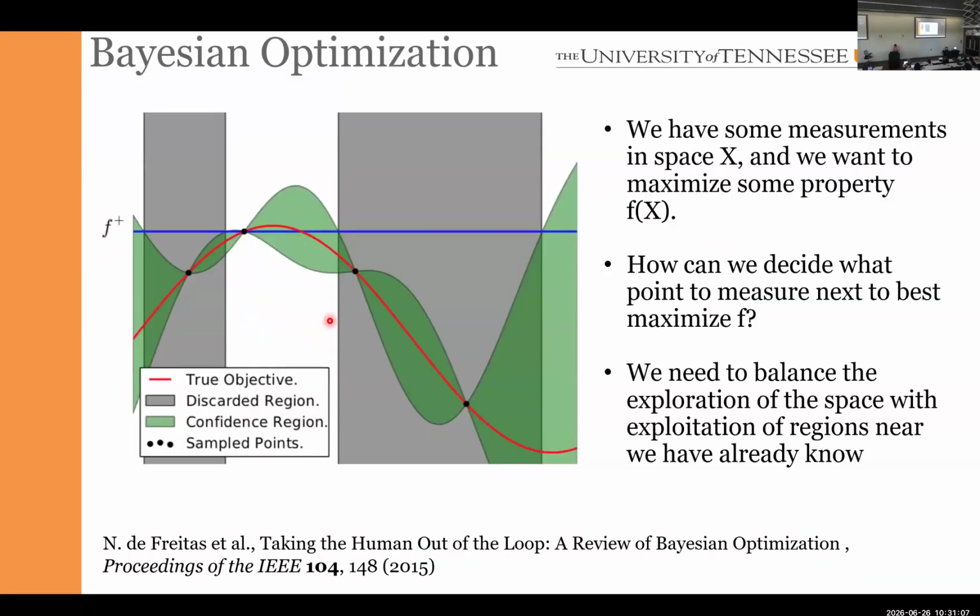Now, how are we going to use this type of construct? This is the example of the very famous paper by Nando de Freitas, Taking the Human Out of the Loop, 2015. Notice a very interesting thing, that this whole field has been developing like crazy for the last 5 years.